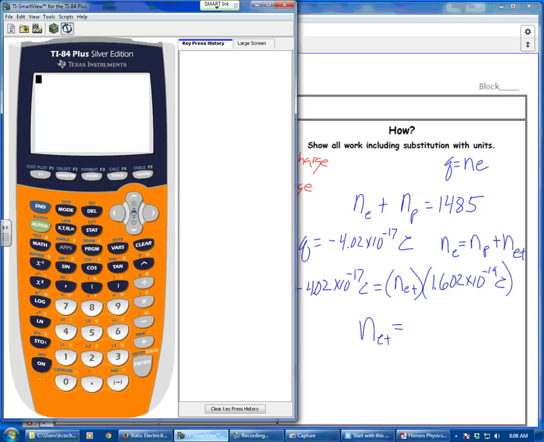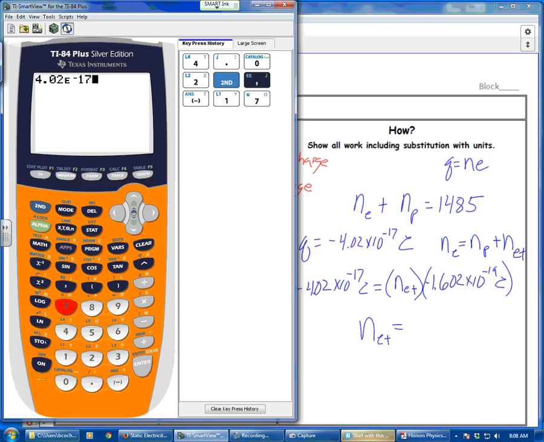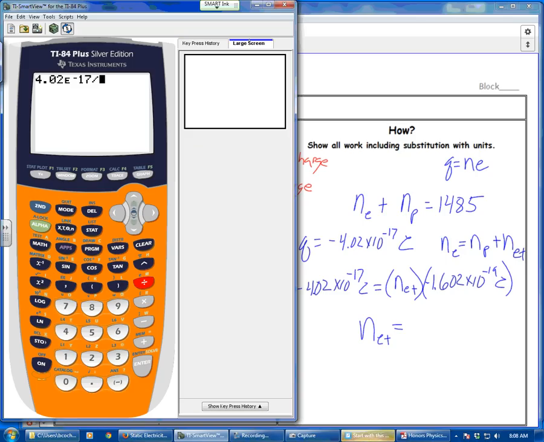I don't really need to worry about the negative there, because I could have just as correctly labeled that as negative. So I'm going to do 4.02 E negative 17th divided by 1.602 E minus 19th.